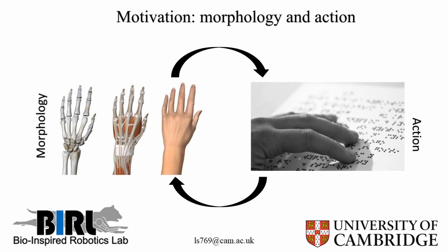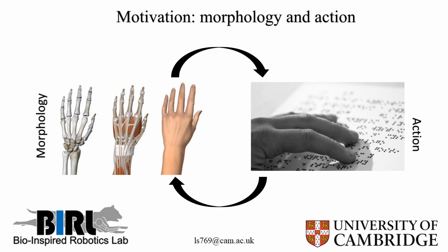This work is basically motivated by the need to jointly optimize both the morphology and the action of robots. It is widely known that morphology influences the way we perceive the world. For example, take the compound eyes of flies, which reduce the resolution of their field of vision in order to allow them to perceive fast action better.